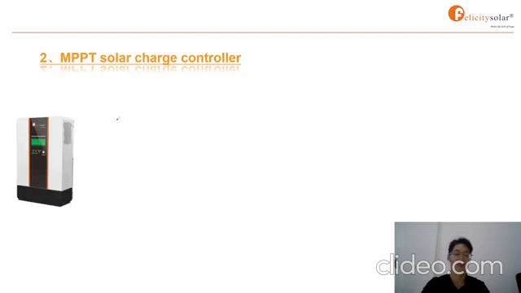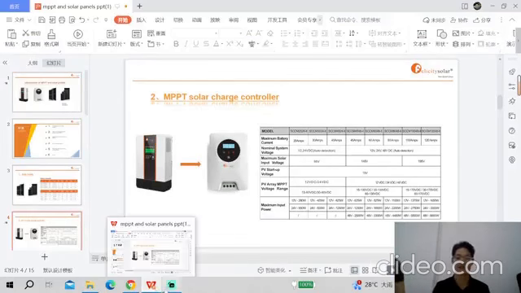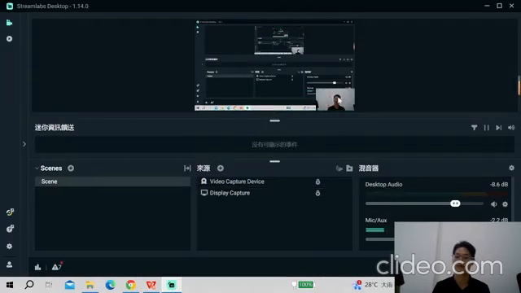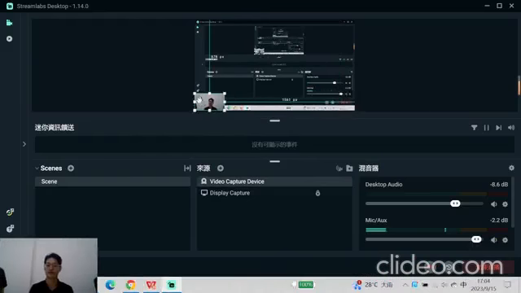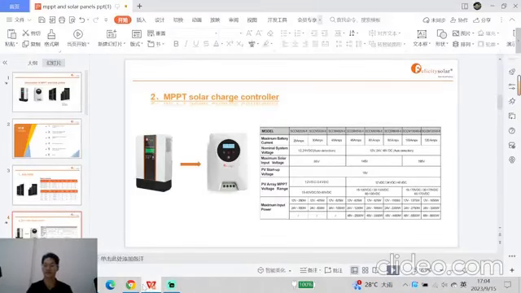First, you can see it's the present MPPT solar charge controller. And now we have a new one.